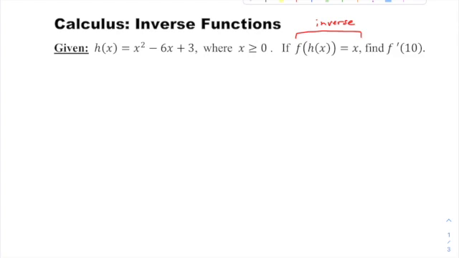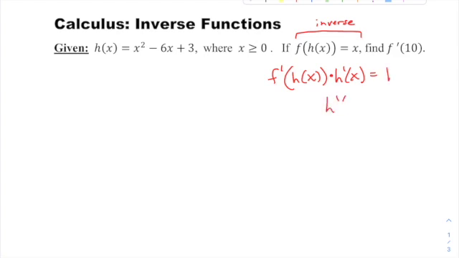Now this rule actually comes from doing the derivative of this composition right here, if you will. So if you ever forget this rule, this is where it's derived from. If you have f of h of x equals x, and you take the derivative of that, using your chain rule, you'd get f prime of h of x times the derivative of the inside, which is h prime of x, is equal to the derivative of x, which is 1.